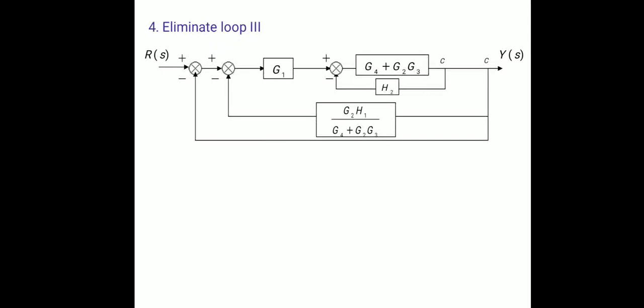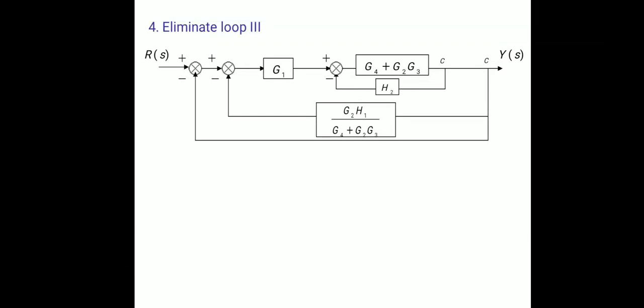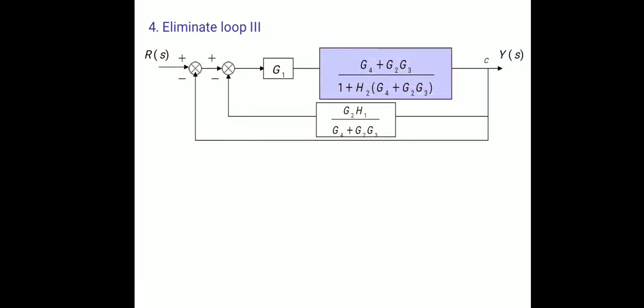Here we have a feedback loop rule with G4 plus G2 into G3 as the forward gain, and the feedback is H2. So the forward gain is G and H is H2. Applying the rule G upon 1 plus G into H, we will get this. Then we'll use the series rule, and G1 will be multiplied to this.